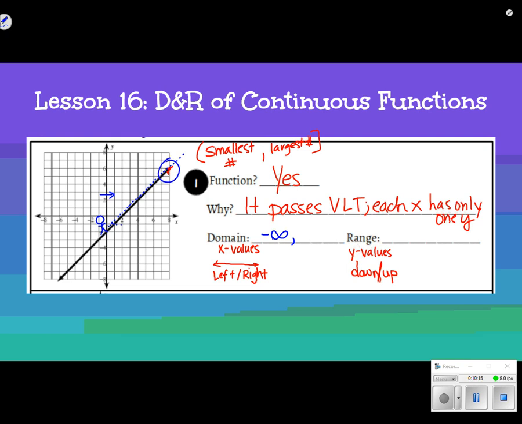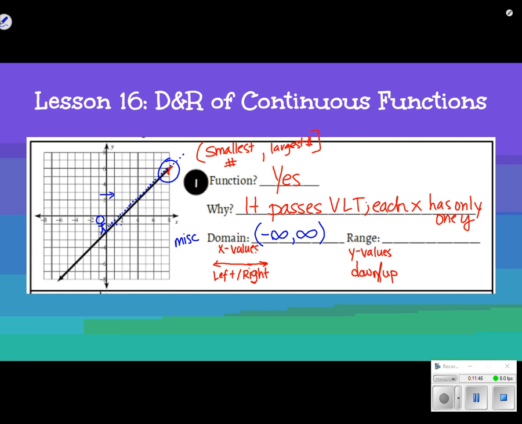That's what that arrow means. So what number's out to the right forever? That number is infinity. Now, from yesterday, I told you that infinity always gets parentheses. Okay, always.